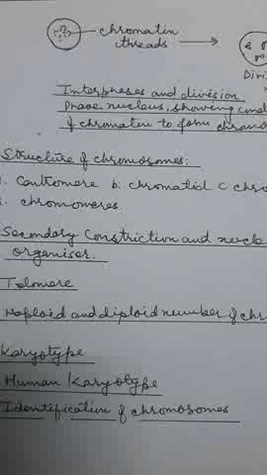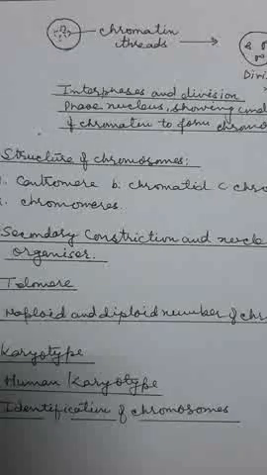Number, shape, and size of chromosomes in a particular specific organism is fixed. For example, in human beings, the number is 46, in Drosophila the number is 4 and in Pisum sativum, the chromosome number is 40.